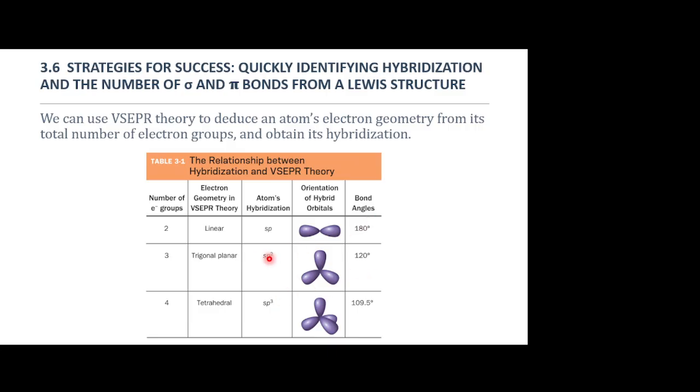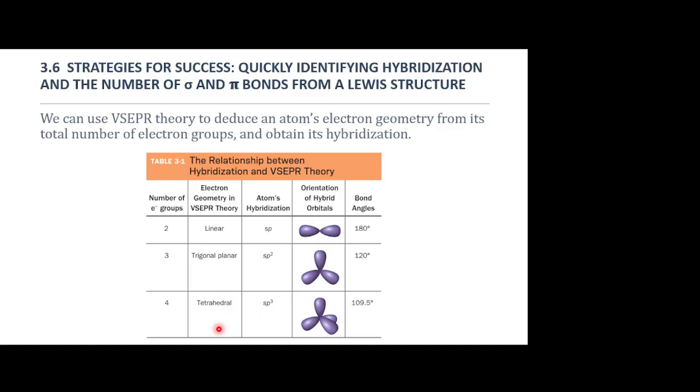If you have trigonal planar, that's sp2. The number of electron domains, you were literally counting sigma bonds. The sigma bonds were spreading each other out, and that's what the sp2 hybridization was. That's how it got that spread, and the bond angles are created by that sp2 hybridization. That's 120 degrees.